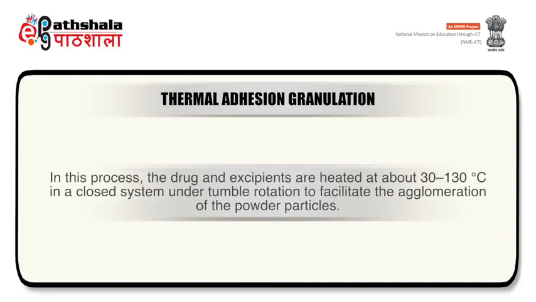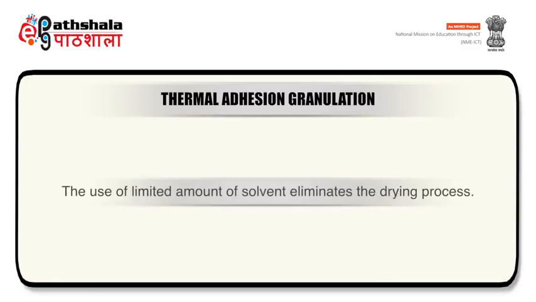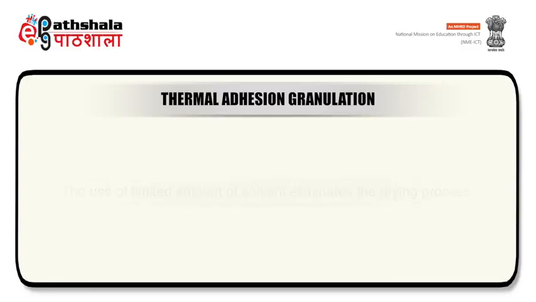In this process, the drug and excipients are heated at about 30 to 130 degrees Celsius in a closed system under tumble rotation to facilitate the agglomeration of the powder particles. The use of a limited amount of solvent eliminates the drying process.